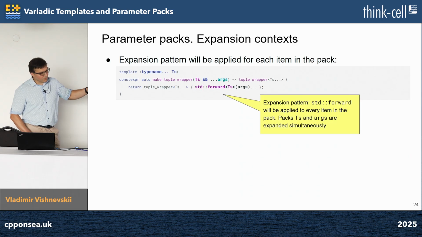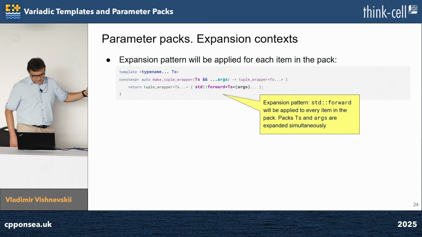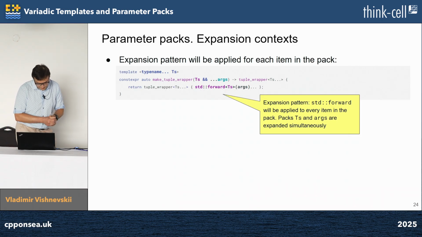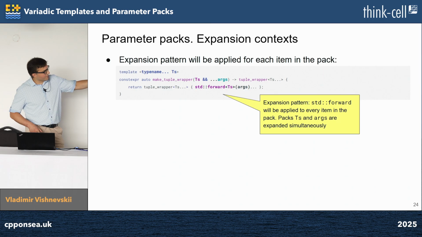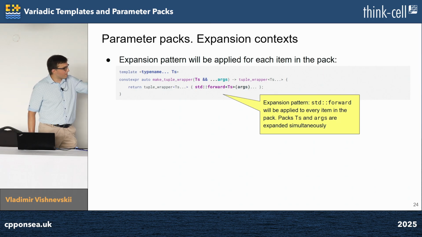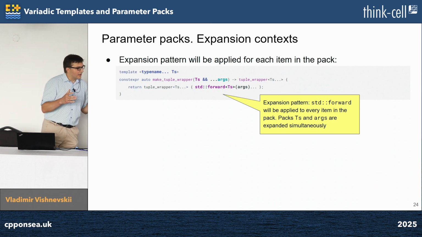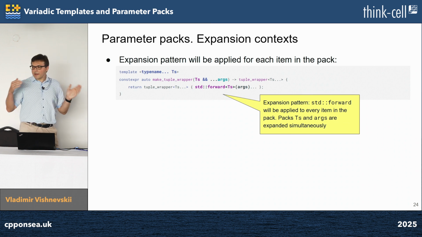Here we have some factory function that would create a tuple for us, and it uses forwarding references to perfectly forward the arguments into the tuple constructor, and here we have std::forward as an expansion pattern. So this is an expression that will be applied to each item within the expanded parameter pack.